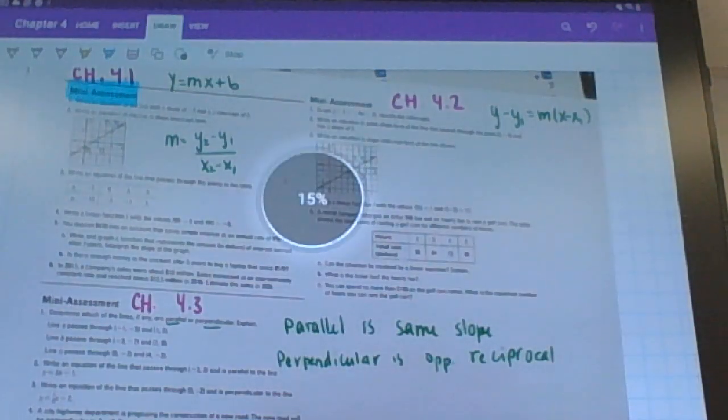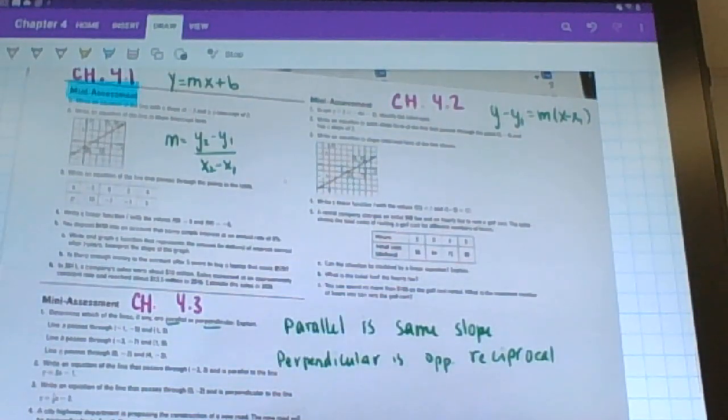All right, number 2. You need to count slope. Count slope on number 2. Count rise over run. Identify b. b always has a 0 in the x.